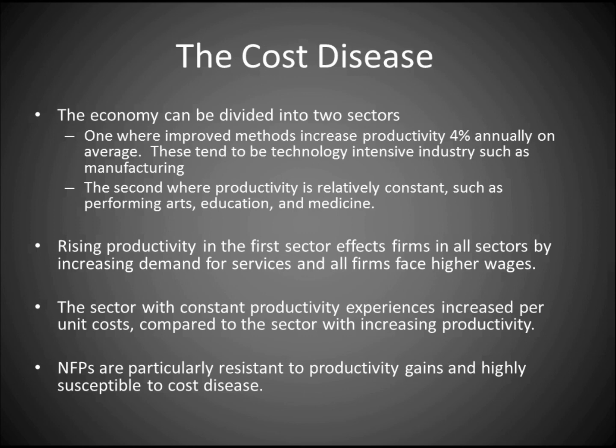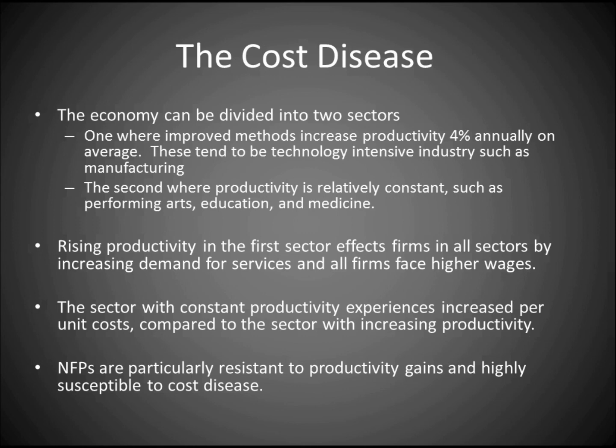But then there's a second sector where productivity is relatively constant. Things like performing arts, education, and medicine tend to fall into that constant productivity. We don't see really big changes year to year in terms of productivity.